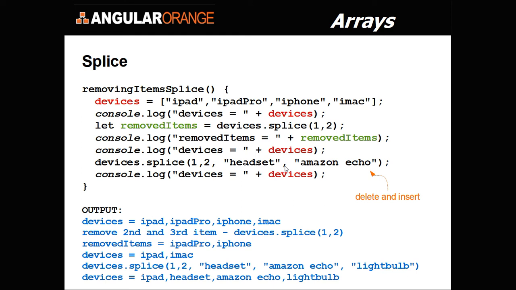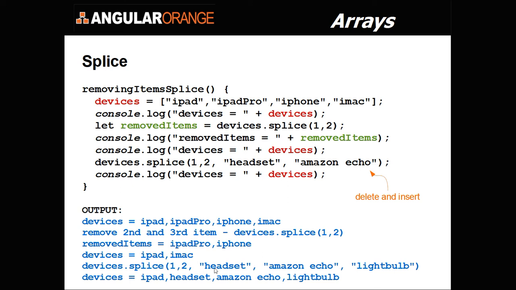And if I did that on the array that is existing right now, because my devices are iPad and iMac, the delete 1 and 2 went and deleted the iMac because that's element 1, and then element 2 didn't even exist, so that didn't matter.